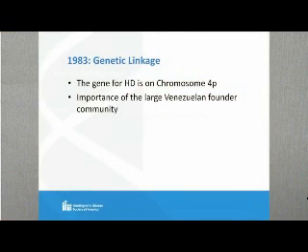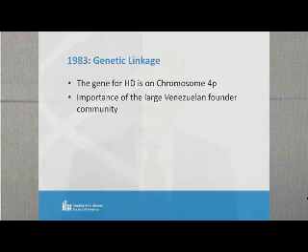The major genetic advance after Huntington's description of the disease actually occurred more than 100 years later. In 1983, the region of the human chromosome carrying the gene for Huntington's disease was discovered. It turned out to be what's called the short arm of number 4 chromosome.